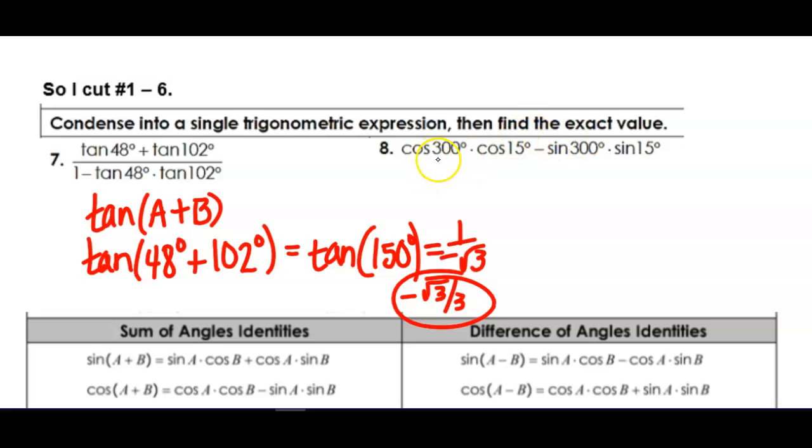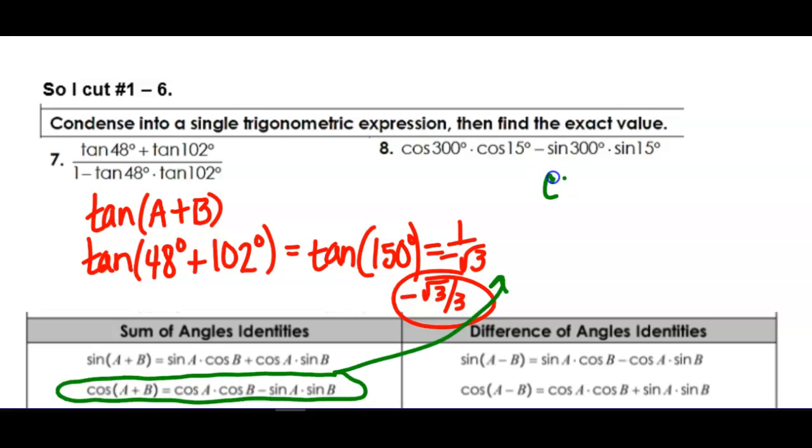All right, this one is cosine times cosine minus sine times sine. So I go down here and I find cosine times cosine minus sine times sine right here. Okay, and I say this becomes the cosine of A plus B, which is 300 plus 15.